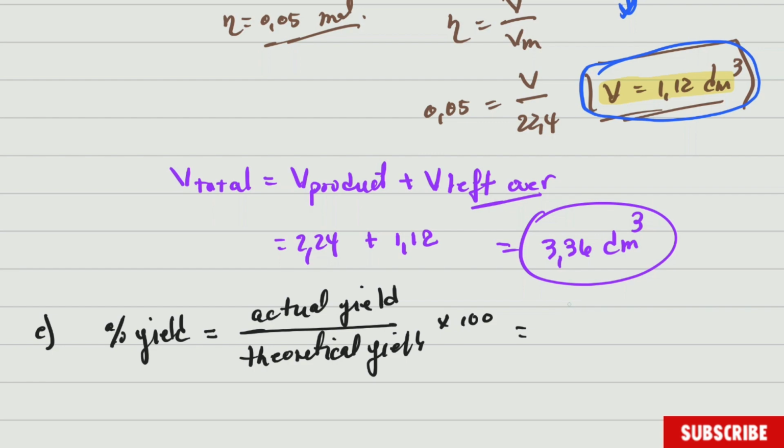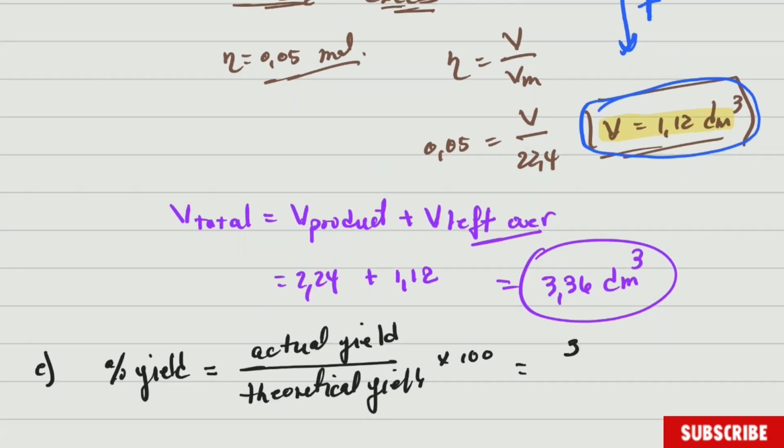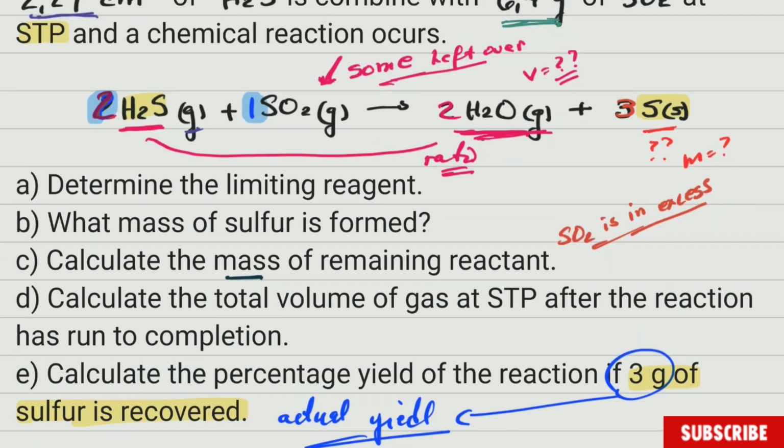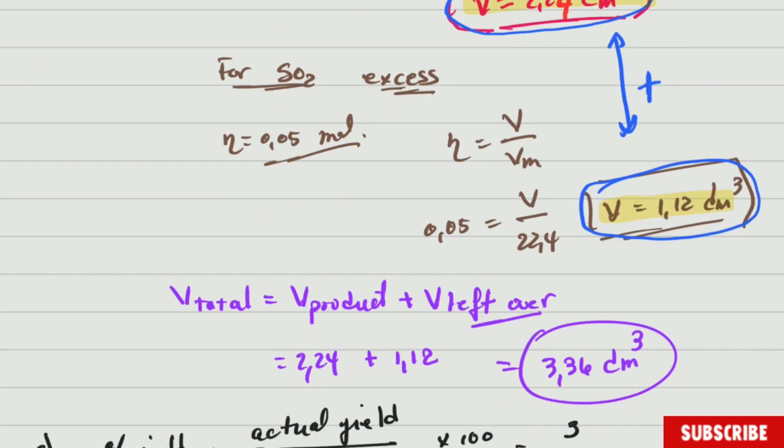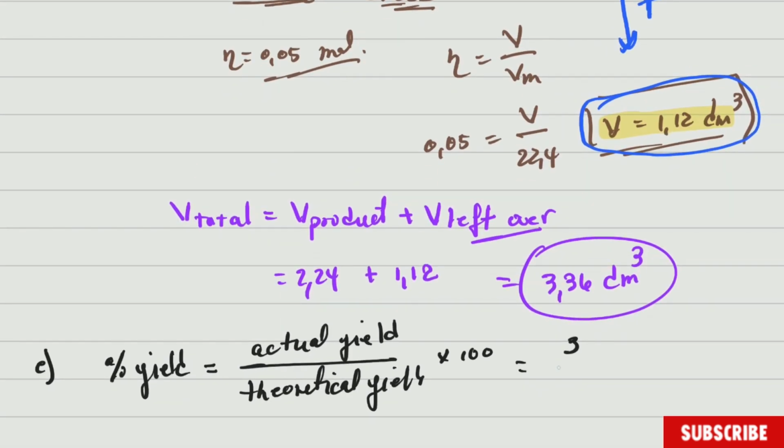Therefore, if you substitute, this one is 3, which is given in the data. We're going back there. It's a 3 there. The theoretical yield is 4,8. So 3 divided by 4,8 times 100, and then guys, the percentage yield is going to be 62.5%, and this one is the end of the question.